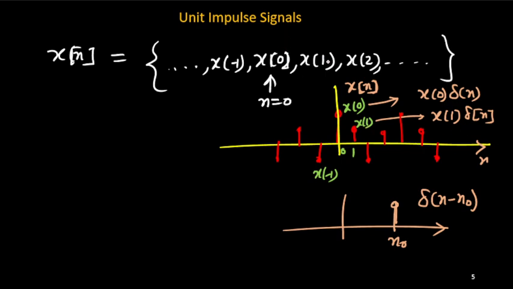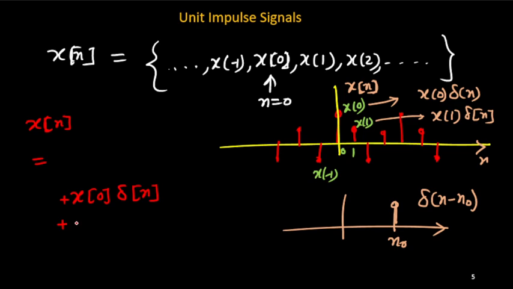So each sample, now it is a combination of all those things. So thus total sequence x[n], this sequence x[n] we can rewrite as, so one sample at n equals to 0, that we can consider here. So it is x of 0, and it is del of n. That is the corresponding signal, and its next one is after 1.